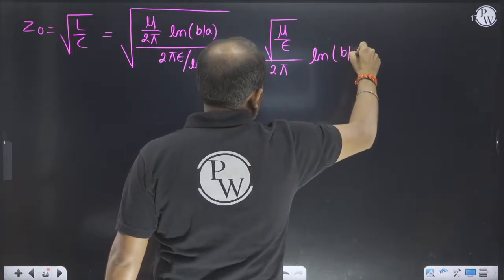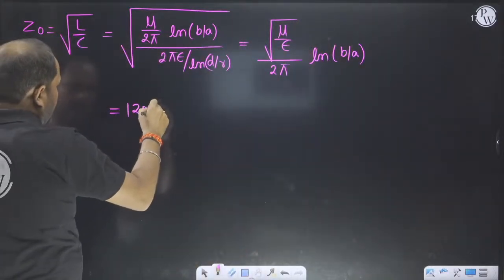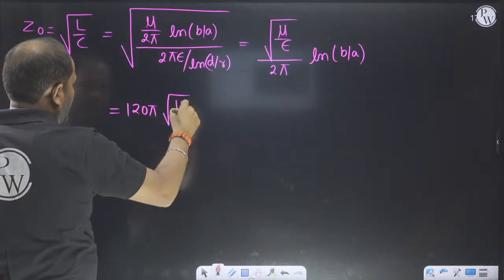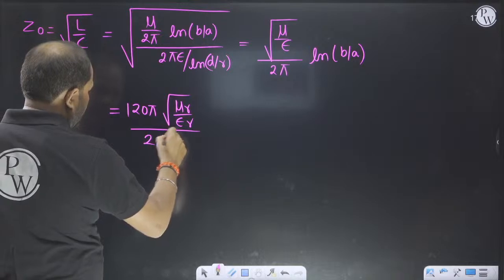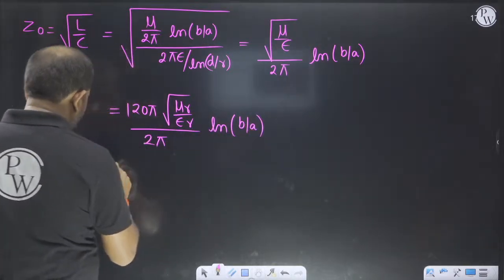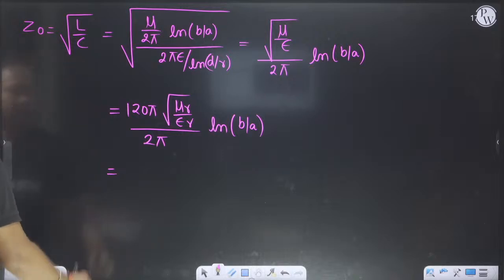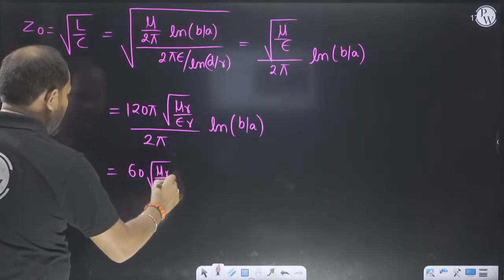Root mu by epsilon is 120 pi under root mu r by epsilon r, divided by 2 pi ln b by a. So I will get the answer 60 under root mu r by epsilon r ln b by a.